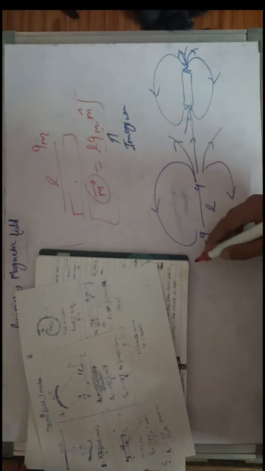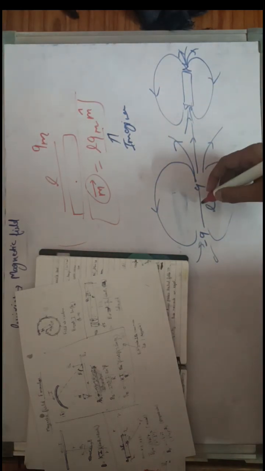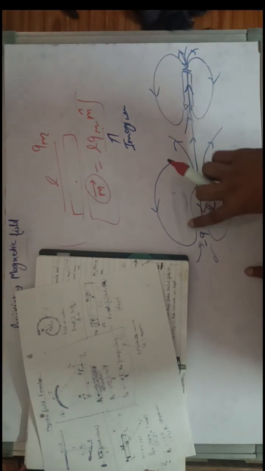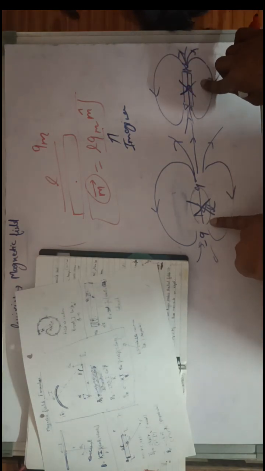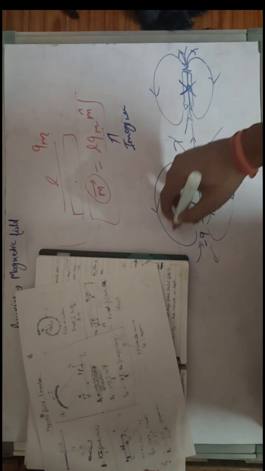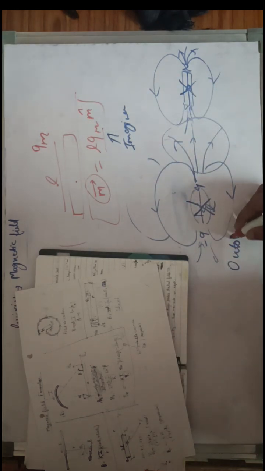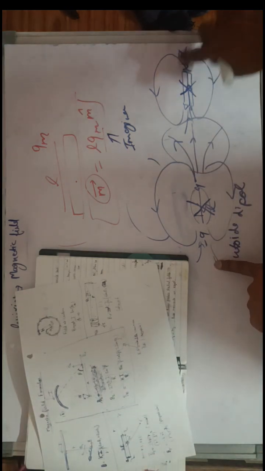Both produce similar fields outside, but inside the dipole the field direction is reversed. So we cannot judge the inside field, but all the fields outside the dipole are the same for both cases.